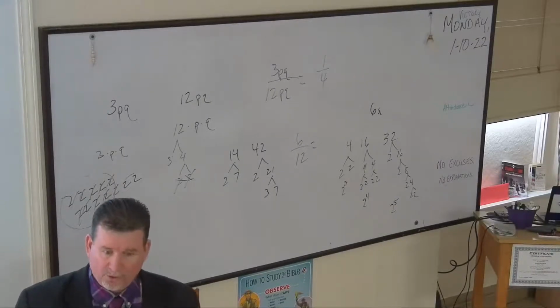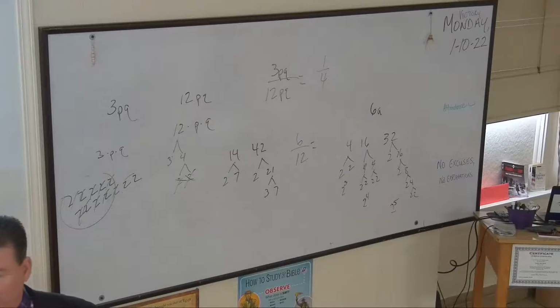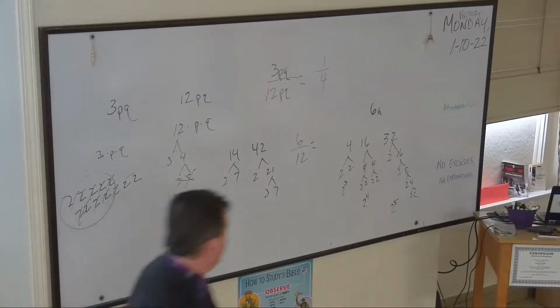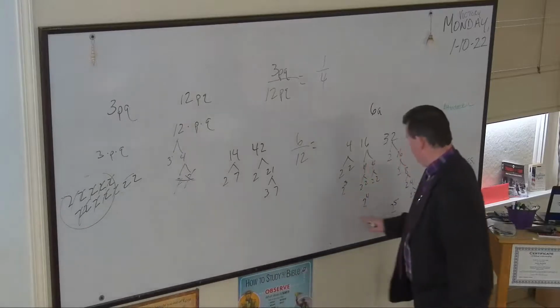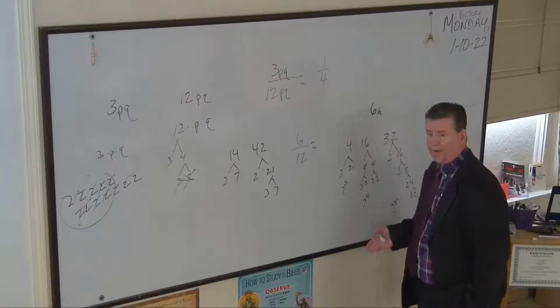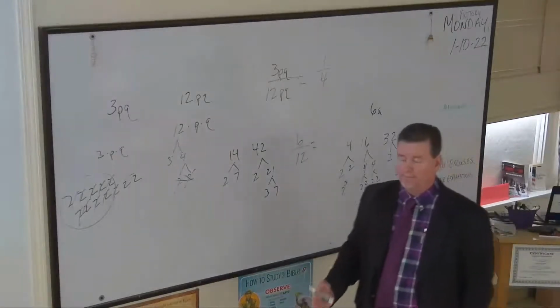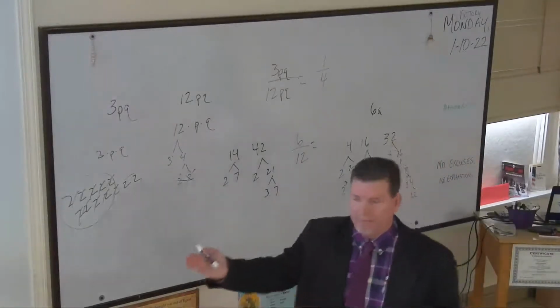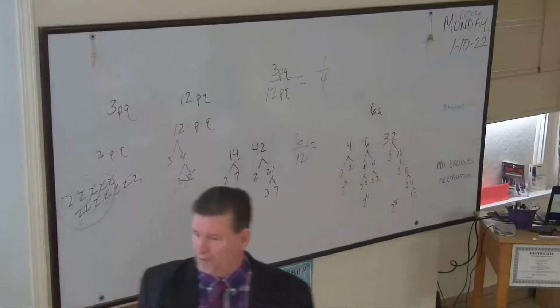Yep. Use all the factors, but only to their highest power. So here I have a 2, but I got 2 to the third, 2 to the fourth, and 2 to the fifth. Which one am I going to use? To the fifth. I'm going to use it to its highest power.